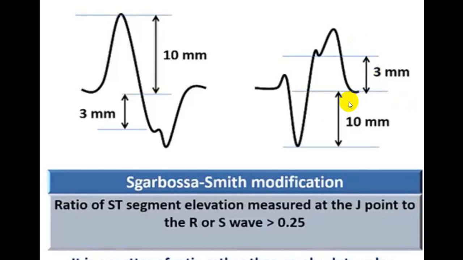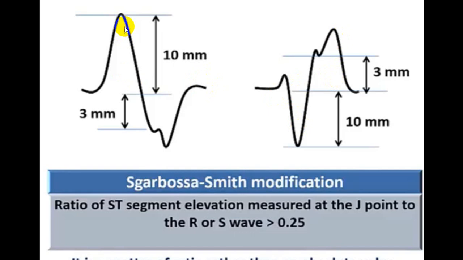Say here this is 10, this is 3, so this is 0.3, so this is again in favor. So this is called the Sgarbossa-Smith criteria or Smith-Sgarbossa criteria. So always compare the R wave or S wave with the ST segment changes.